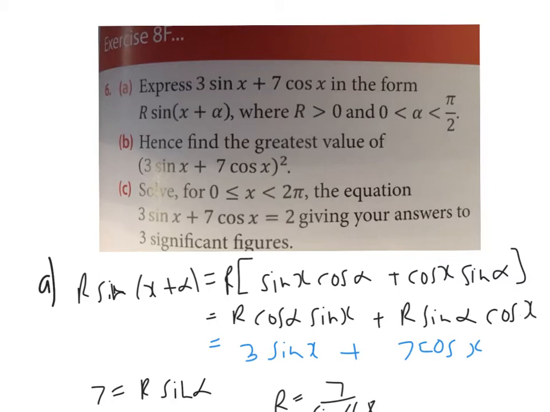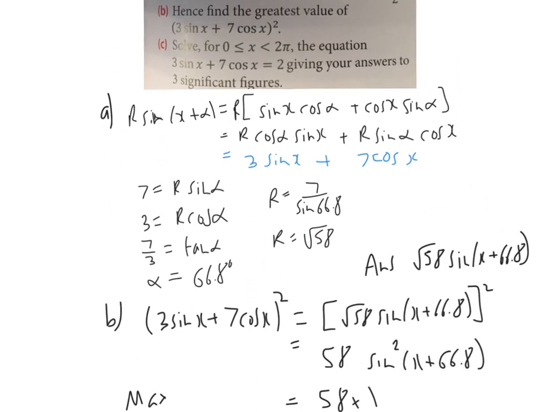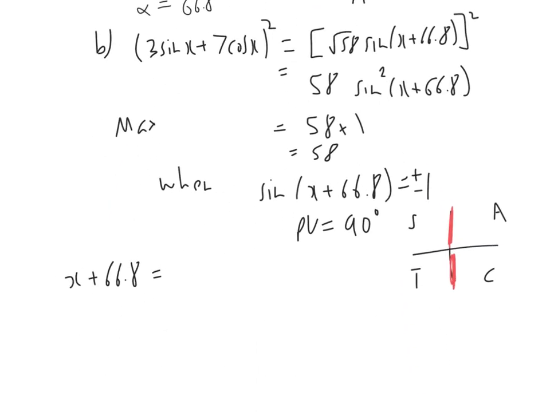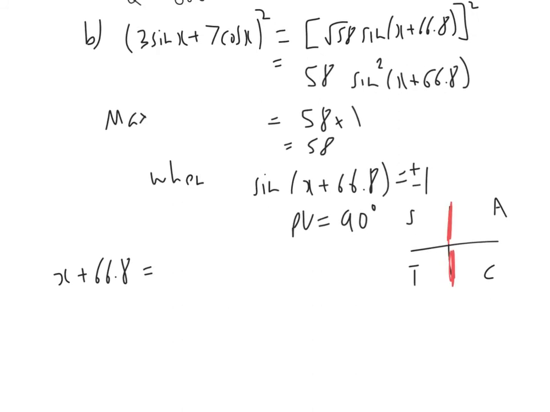It just asked me to find the greatest value, which is 58. So I'll just do it for the sake of it. Between 0 and 360, 90 and 270 are the possible answers. So take 66.8 away from that and you get 23.2 or 203.2 degrees. But the maximum value answer to that question is 58.